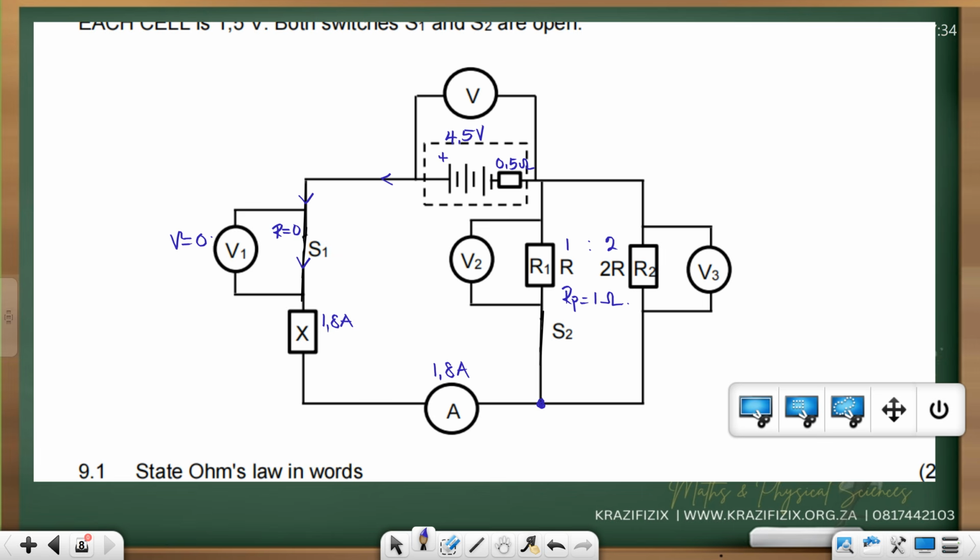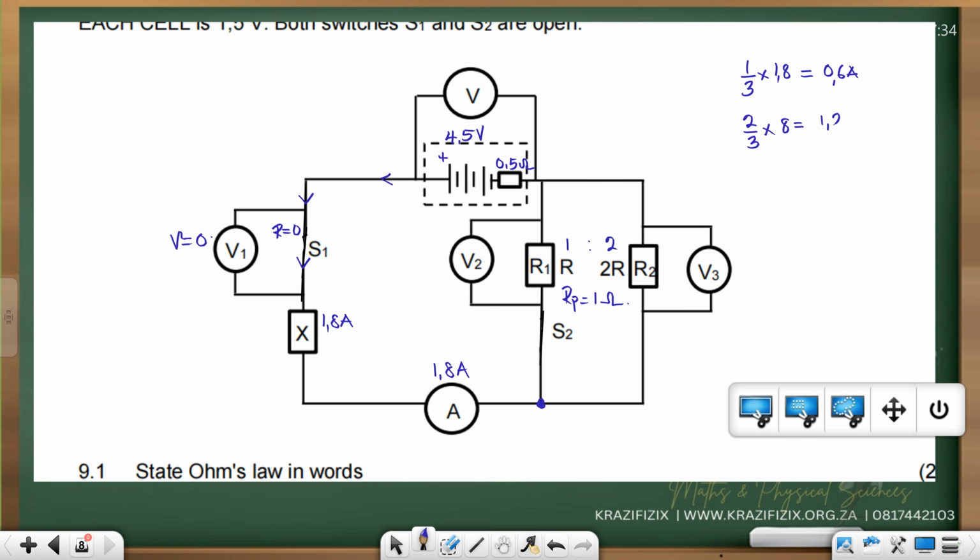So let's divide 1.8 into 1 ratio 2. We still remember grade 8. We add 1 plus 2, which gives us what? 3. So we say 1 over 3 times what? 1.8. What's your answer? 0.6. Then 2 over 3.